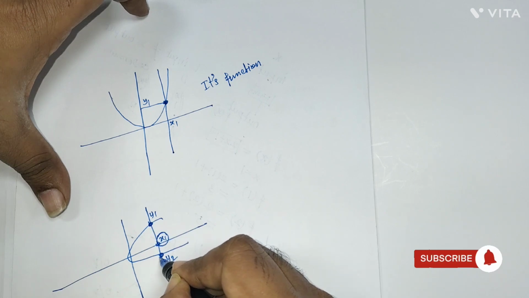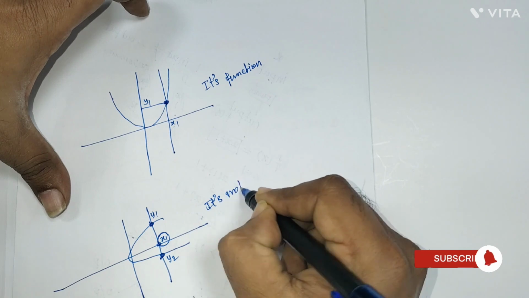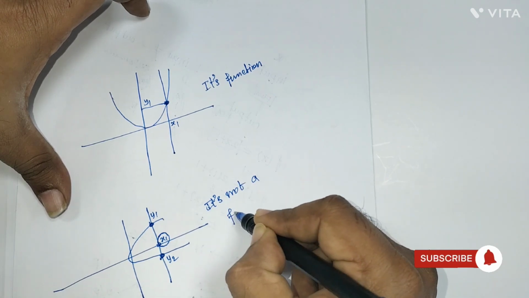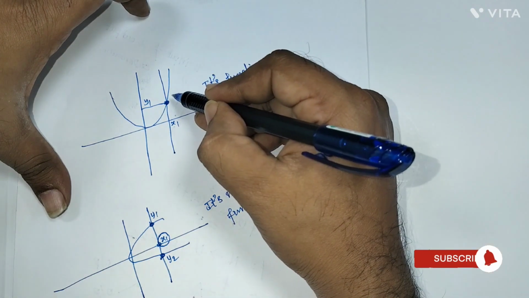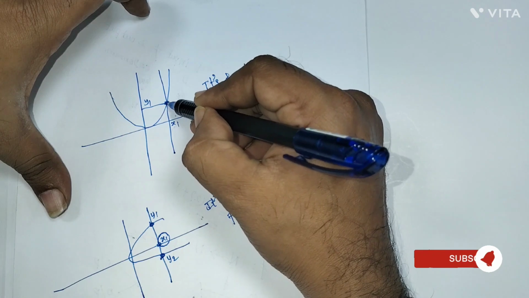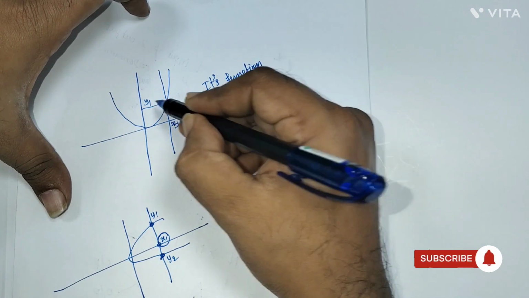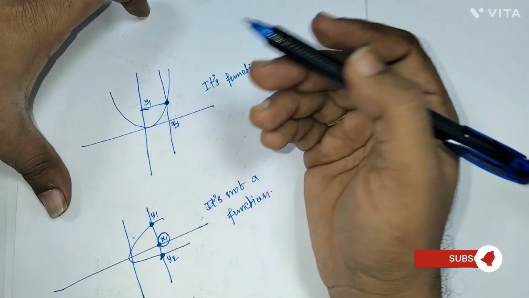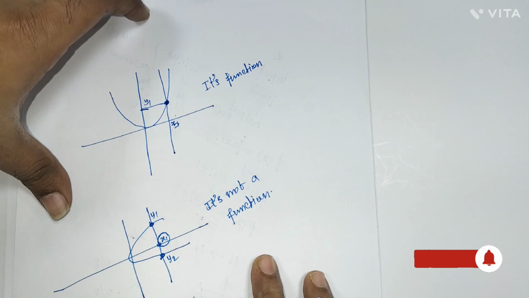This is not possible, so it's not a function. Okay, a vertical line meets the graph exactly at one point. It's a function because we give one input, we get one output y1. Okay, that is called a function in a graphical way.